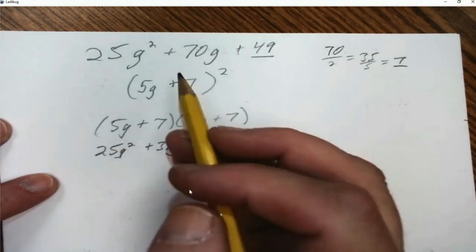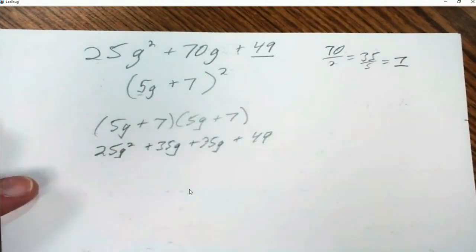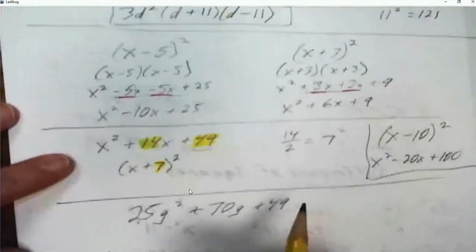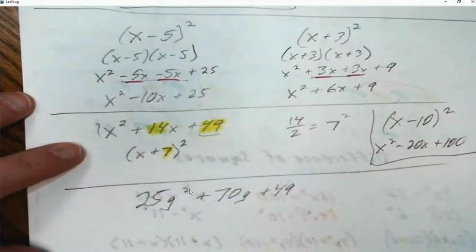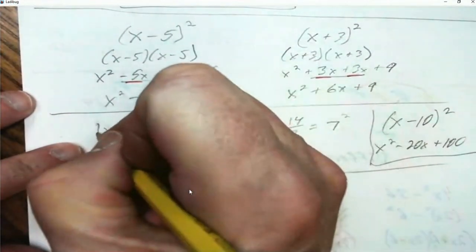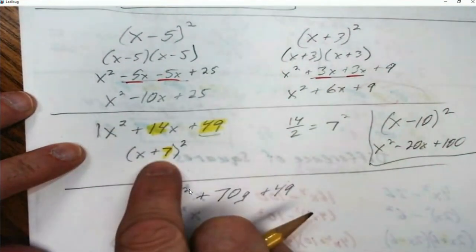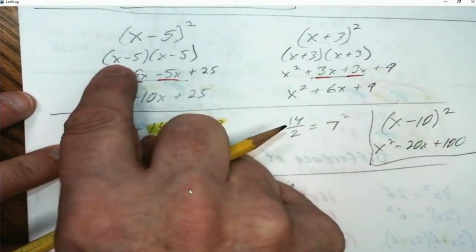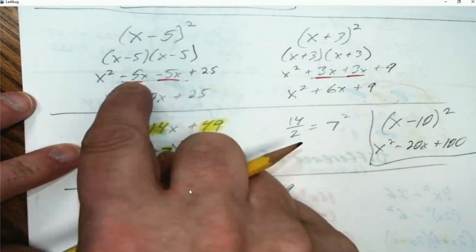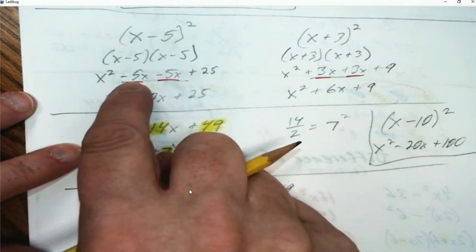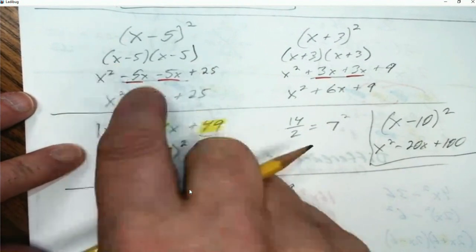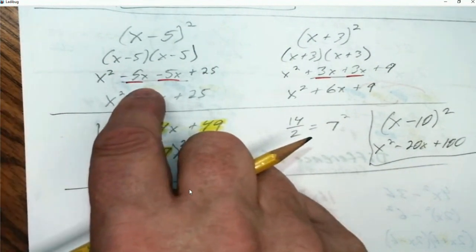It gets a little trickier because on these other ones we were doing, this was just a 1, so it didn't change anything. 1 times 7. This is 1 times -5, so that's just -5. It changes when the coefficient's not a 1.